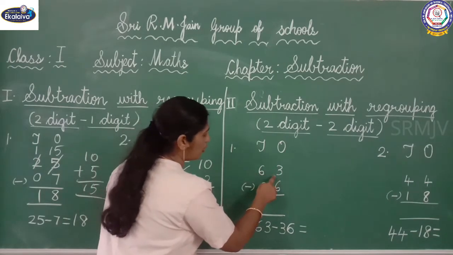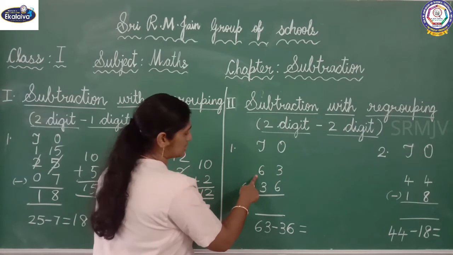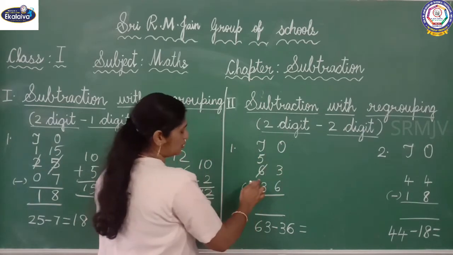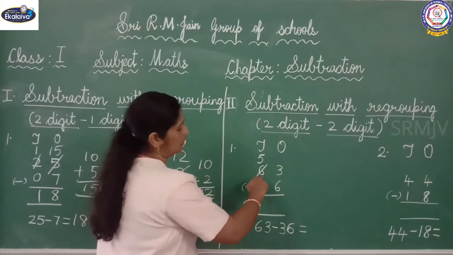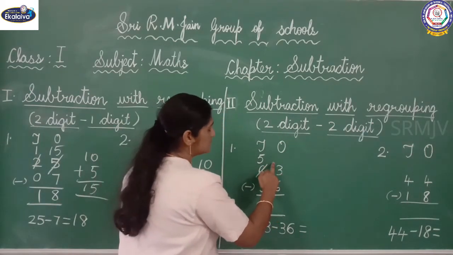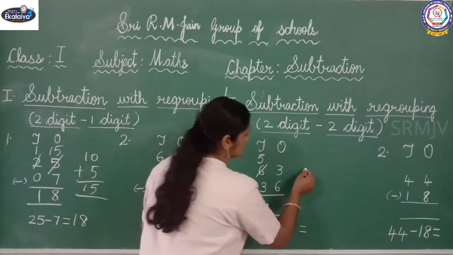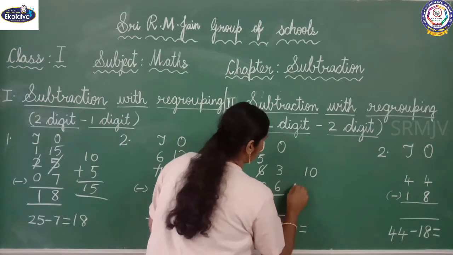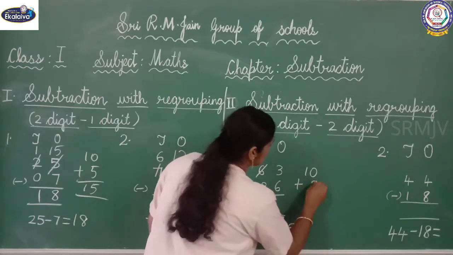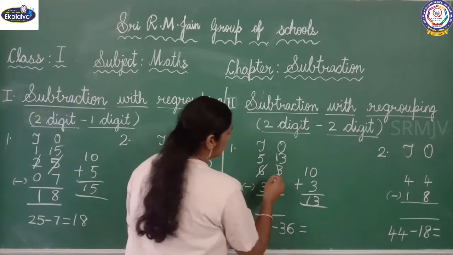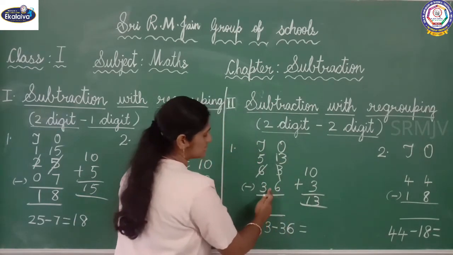So I am going to borrow 1 ten from the 6. 6 minus 1, 5. So regroup 1 ten to 10 ones. That is 10 ones is equal to 1 ten. Here 10 ones plus 3 ones, how much? 13. So write 13. Now I am going to subtract 13 minus 6.